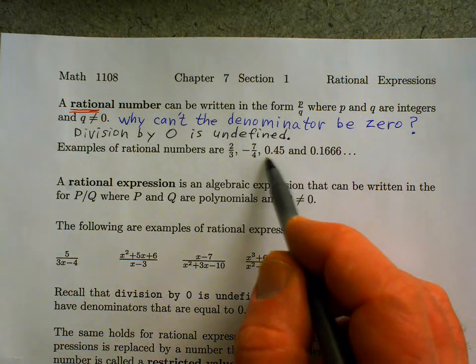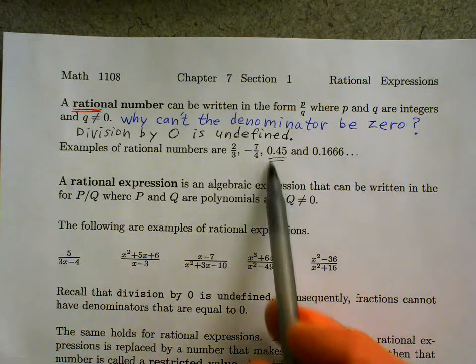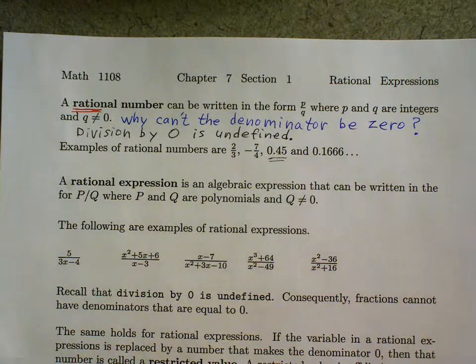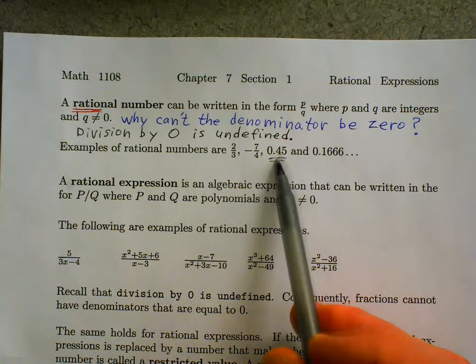Terminating decimals are rational numbers. An informal way to read this one is 0.45. But why is this particular decimal number considered a rational number?